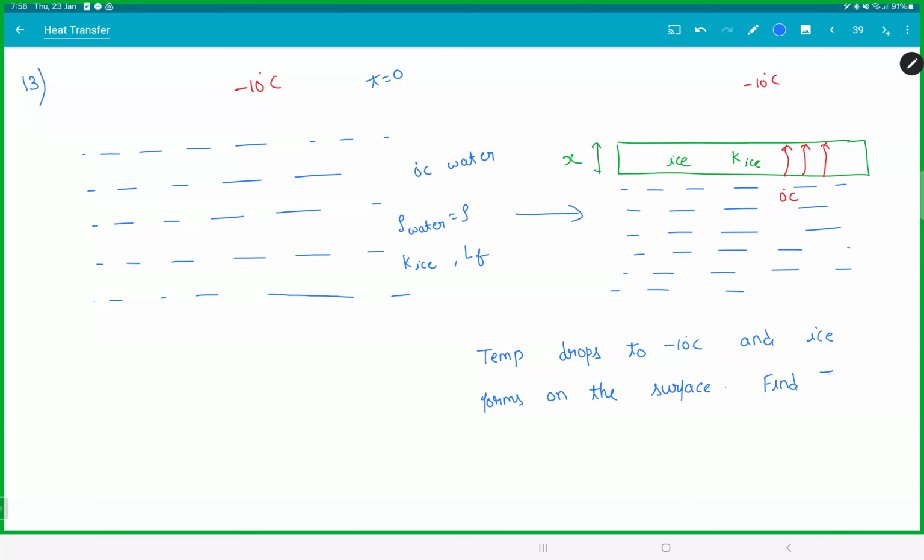Find the thickness of the ice slab, that is x, as a function of time t. And since we know the density of ice is less than water, it floats. So it'll actually be on the top only.